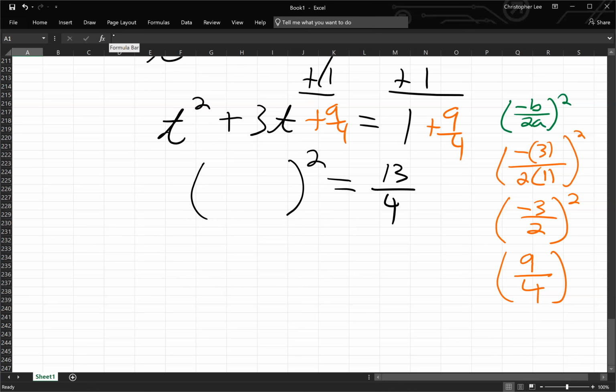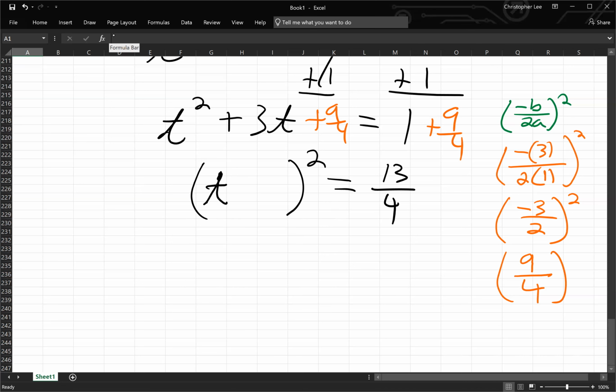So what goes in here? t what? Plus or minus? 13 over 4 is 4 over 4 plus 9 over 4. You see the 1 plus 9 over 4?